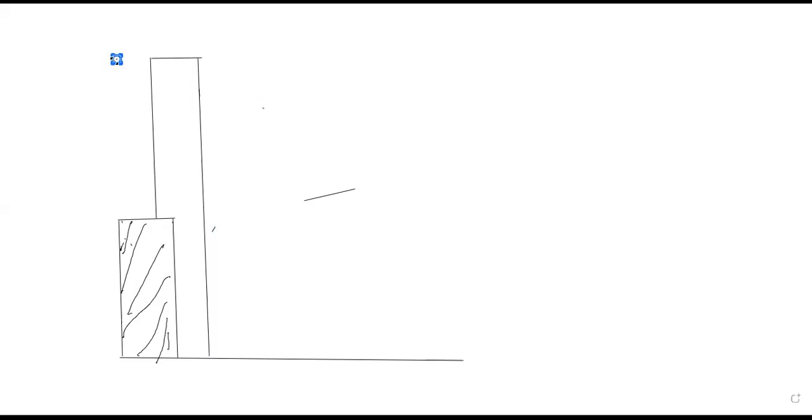So this is the maximum height reached by the body. The body is going up with an initial velocity stated from the question. So U equals 20.